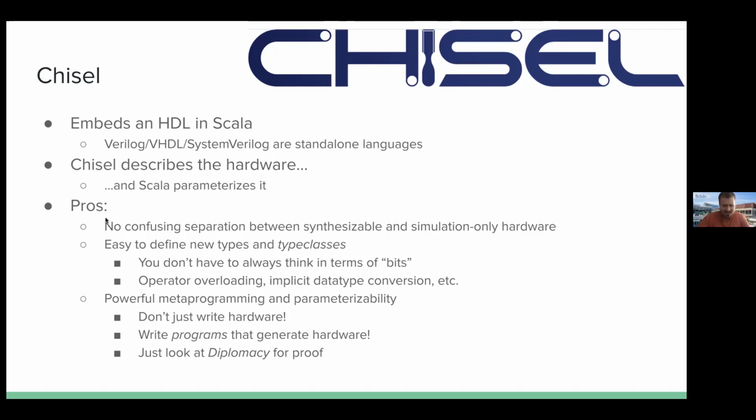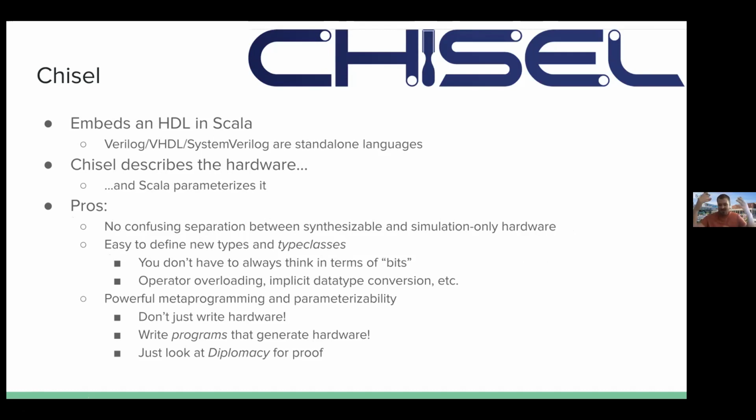There are other advantages it has. It has no separation between synthesizable and simulation-only hardware, because it didn't start as a simulation language. It started as a hardware description language, so that's all it does. It's very easy to define new types and even type classes, which is a more advanced feature that exists in some languages. So you don't have to think in terms of bits; you have support for operator overloading and implicit data type conversion.